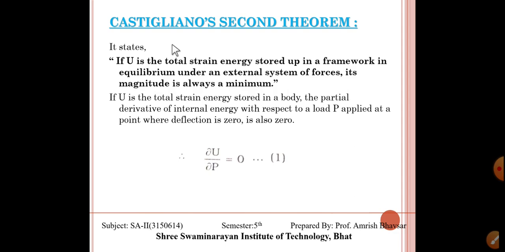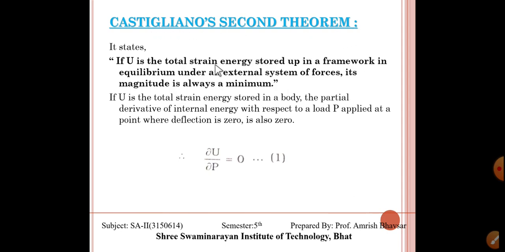That DS gives us some value, and that value is used in this indeterminate structure, and we will find some redundants, right? That redundant is very useful for the analysis of indeterminate structures using Castigliano's second theorem.